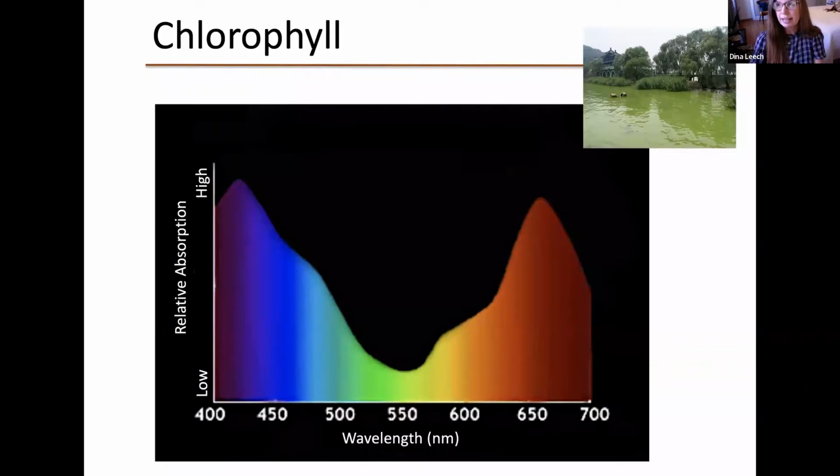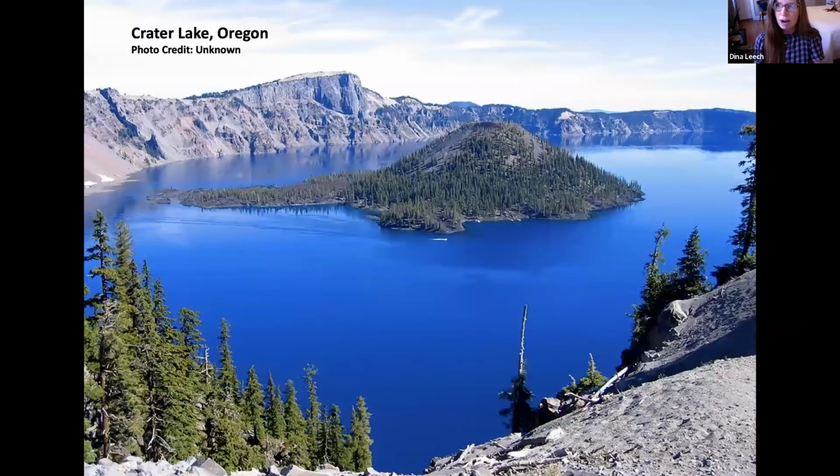And what you can see is that the absorption spectrum for chlorophyll is really high in the short wavelength violet and blues, as well as the longer wavelength oranges and reds. But absorption is very low in the greens. So again, we perceive algae and plants as green because there's less absorption of those wavelengths of light and more reflection, bouncing off.